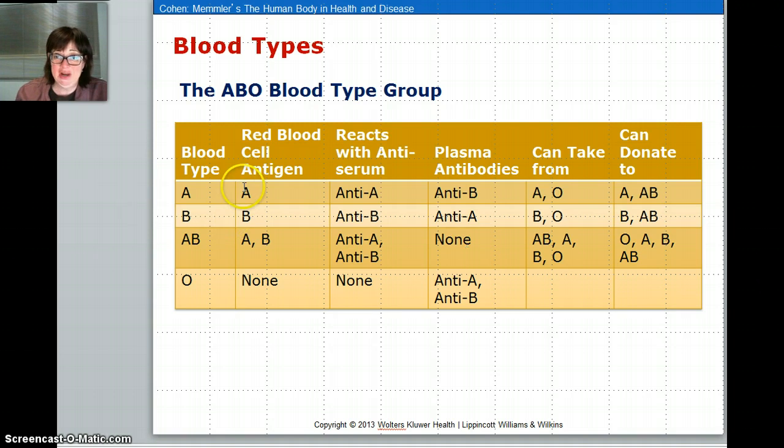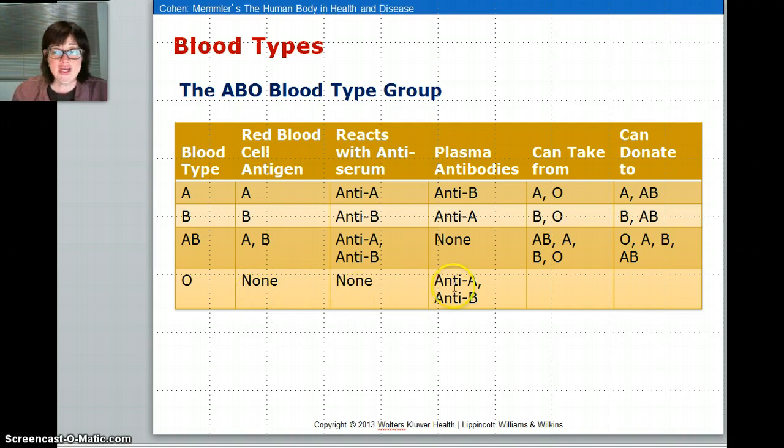Okay, so A has A antigen, B antibody. B has B antigen, A antibody. AB has AB antigens and no antibodies. O has no antigens and A and B antibodies. Now, O is the universal donor because you're getting no antigens.